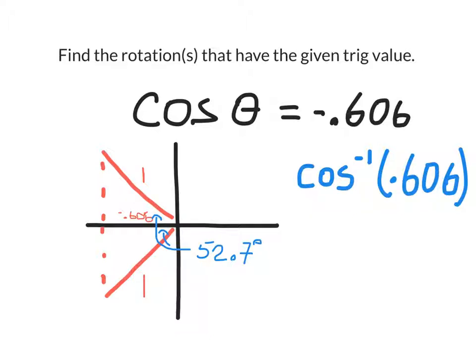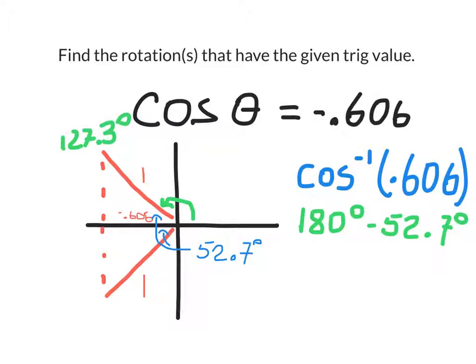And now I just need to finish finding what the rotations would be in the second and third quadrant. For the second quadrant, I know I'm going to 180 degrees, and then I'm going to have to subtract the reference angle. So I subtract 180 degrees minus 52.7 degrees. And so that rotation is 127.3 degrees.